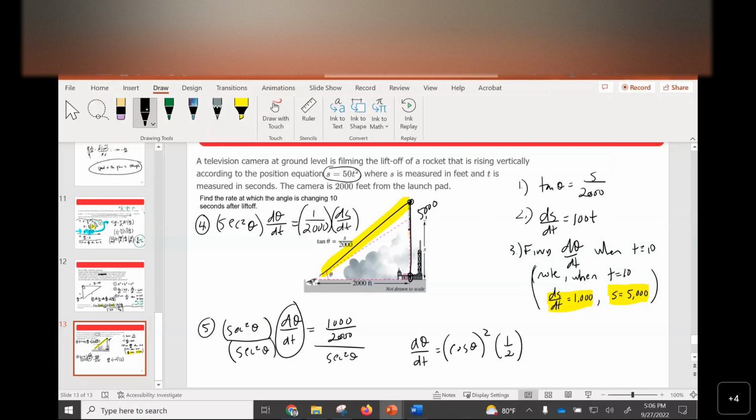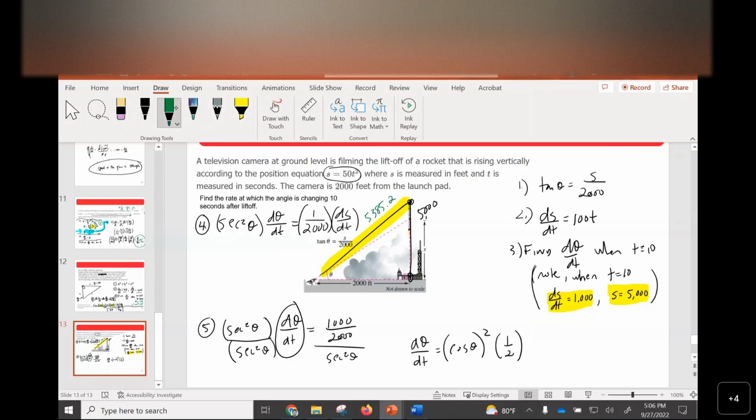Let me try that again to make sure that's right. 2,000 squared plus 5,000 squared, and then the square root of that answer is 5,385. So the hypotenuse is 5,385, just like the last question.